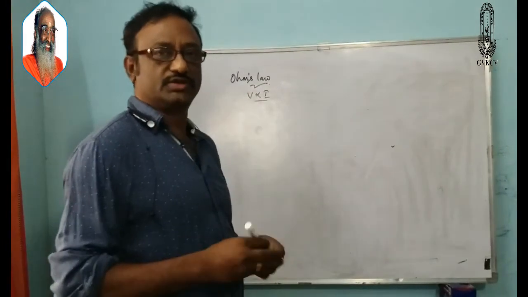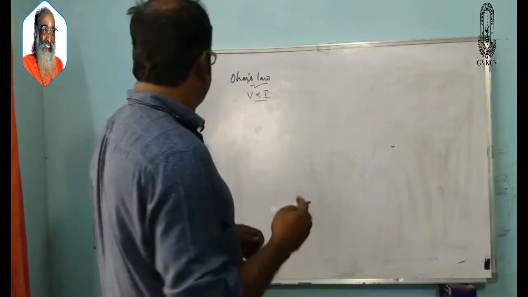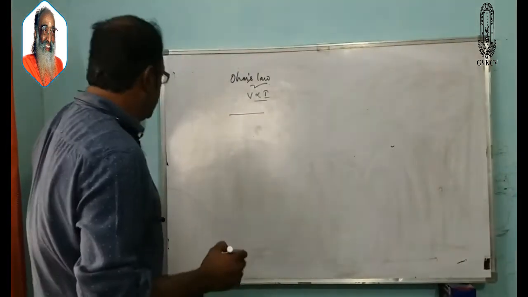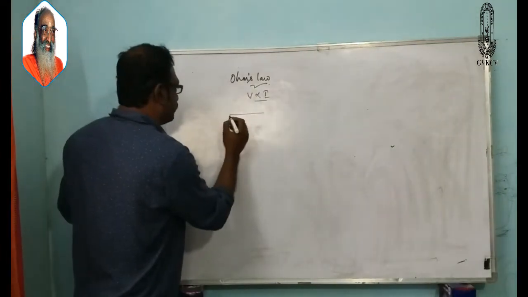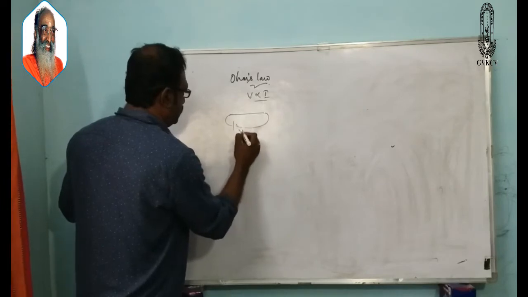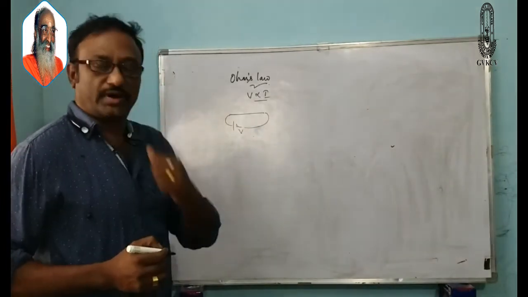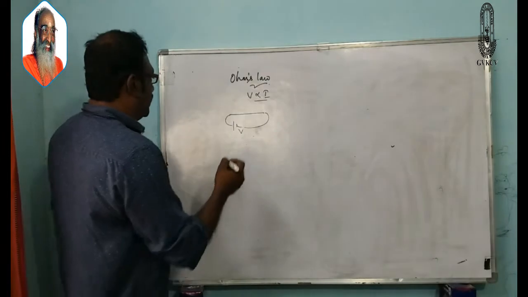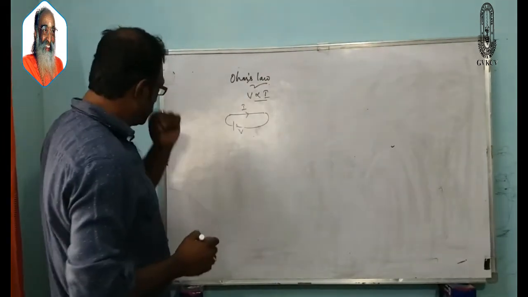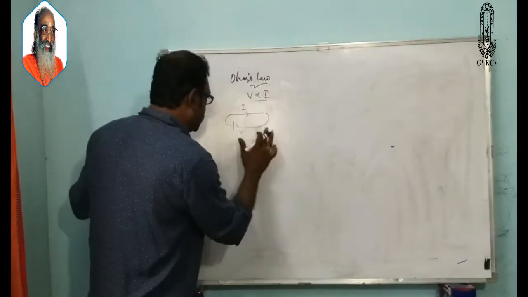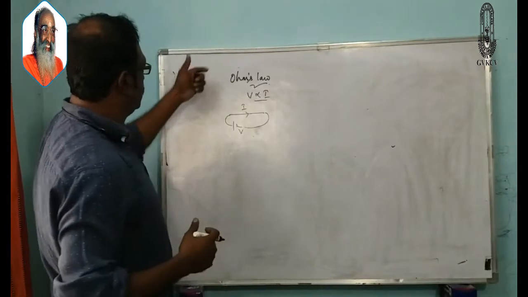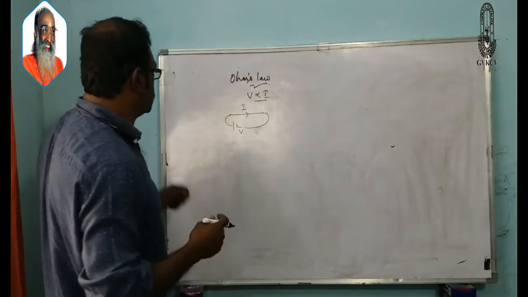If a conductor is there and you are applying a potential difference of V across its ends, the current I flows in the conductor.